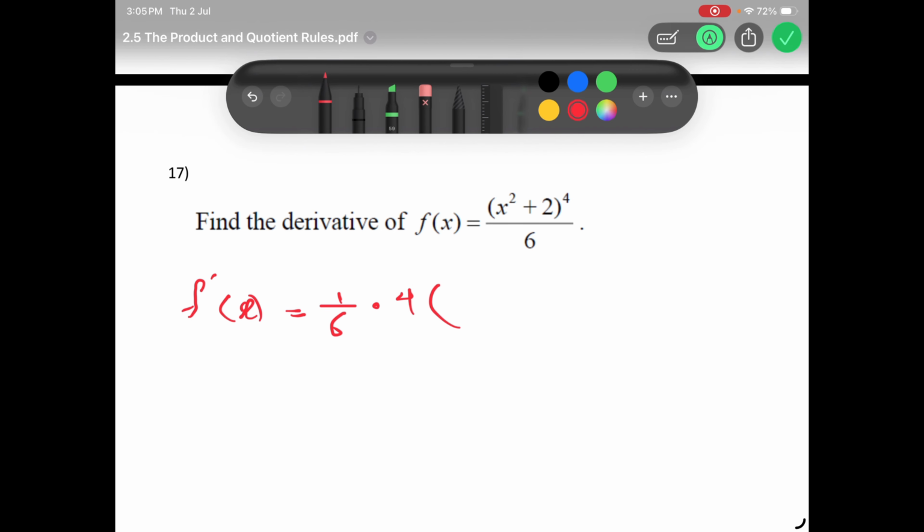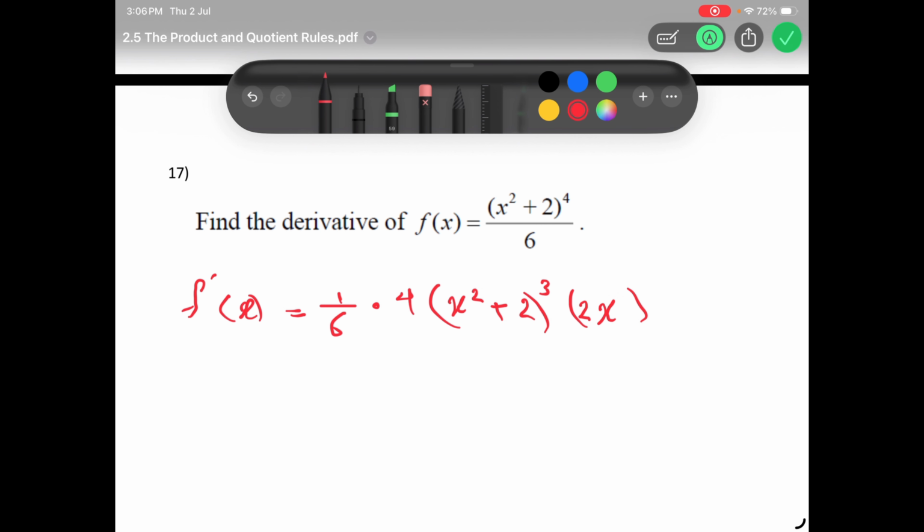Then we will reduce this power by 1, so it will be x squared plus 2 to the power of 3. Then times the derivative of the inside function, which is 2x.